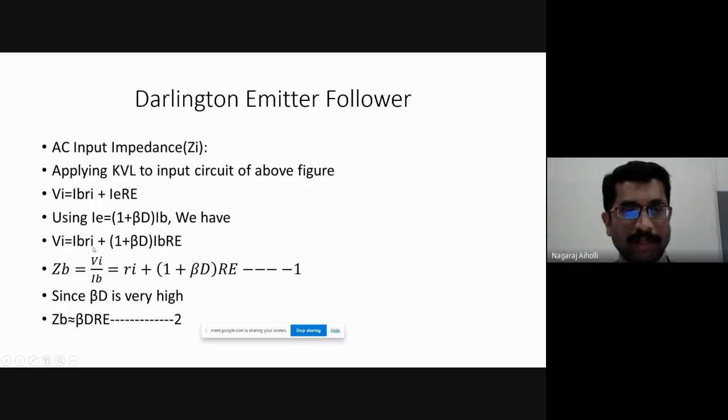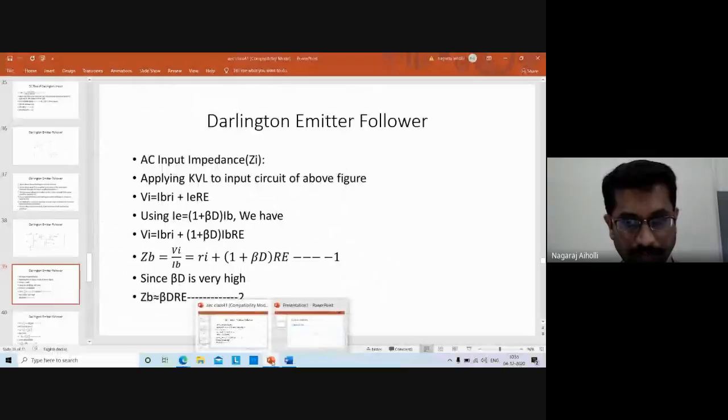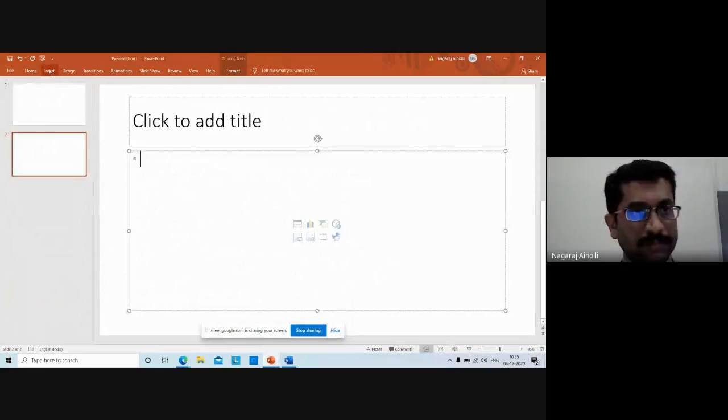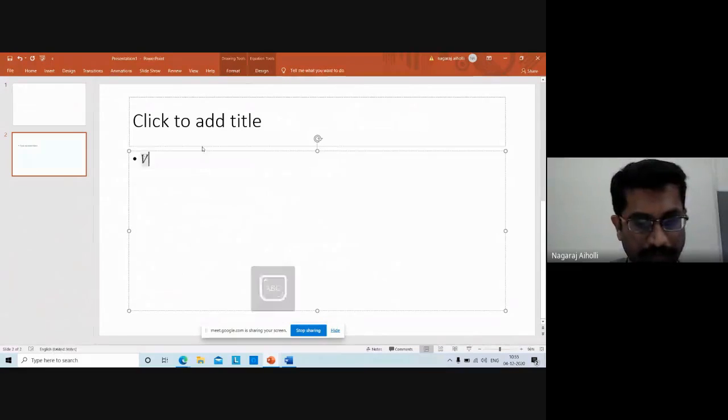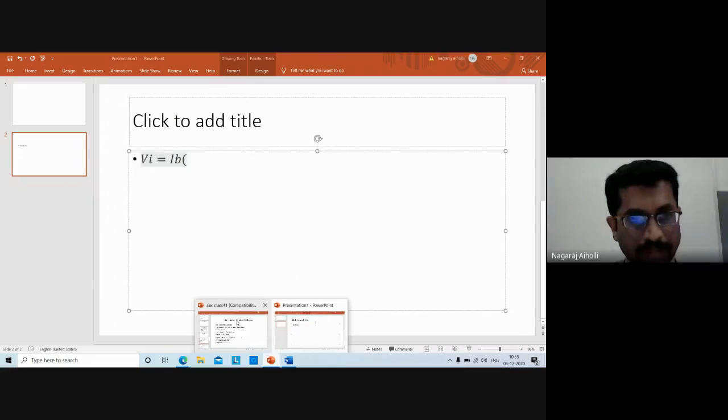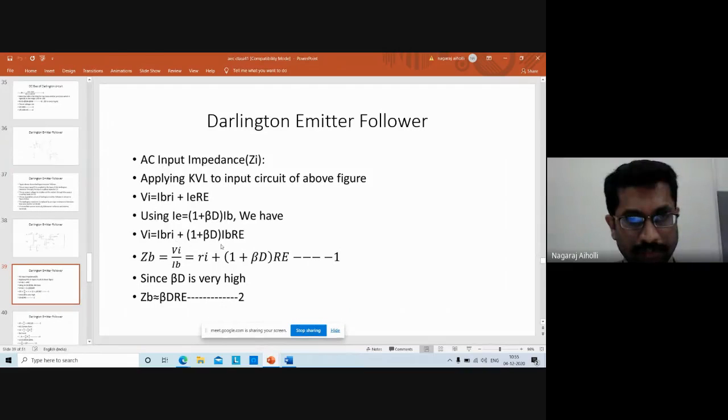Taking Ib common, Vi will be equal to Ib multiplied by Ri plus 1 plus beta d into Re. That is, Vi is equal to Ib into Ri plus 1 plus beta d into Re.